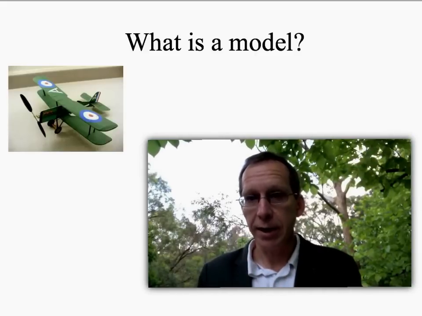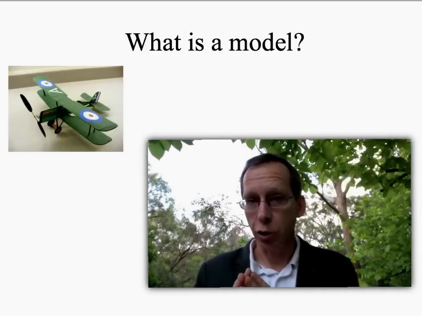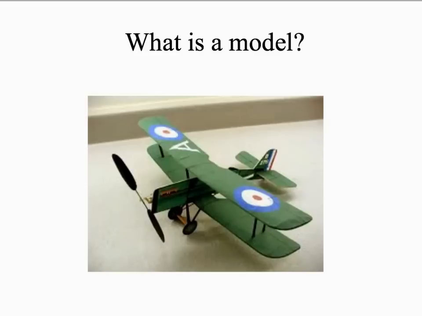To start building a model, we have to ask a simple question. What is our objective? What are we trying to achieve? For example, suppose we are building a model plane. If our objective is to build a model that looks like a real plane but can sit on our bedside table, then we might build a model plastic plane like the one pictured here.